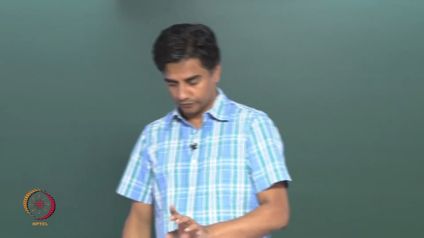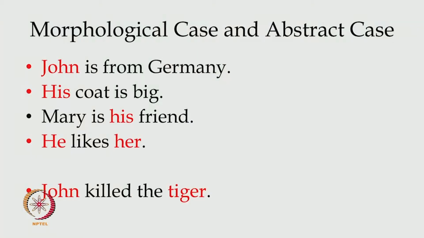Now, see in the previous slide, when we say he likes her, the fact that we cannot say he likes she. The reason behind that is she has nominative case on it.